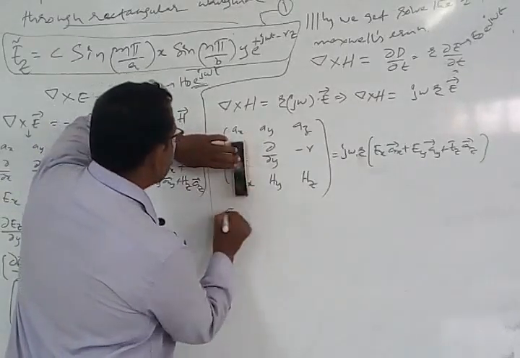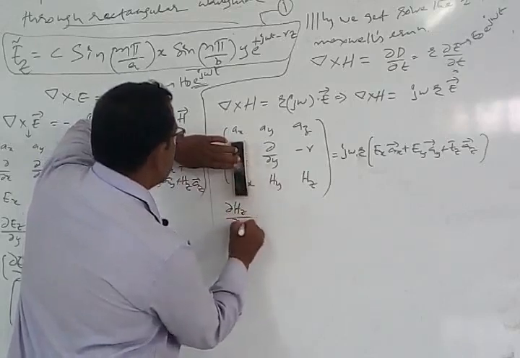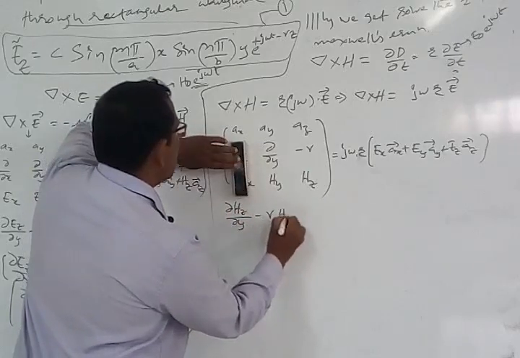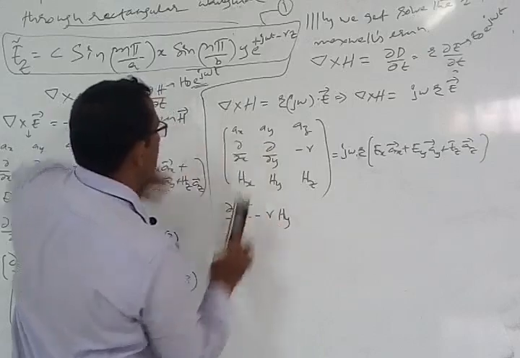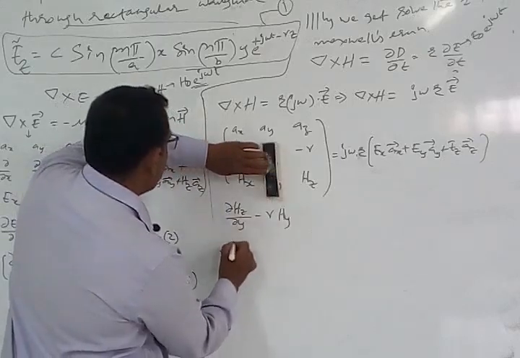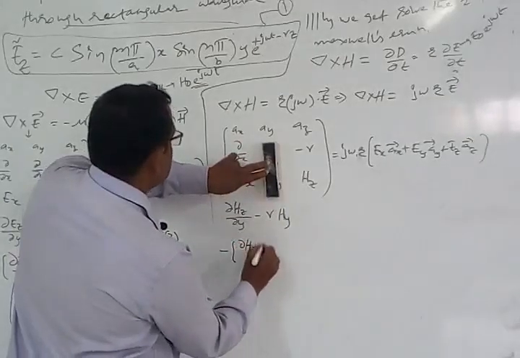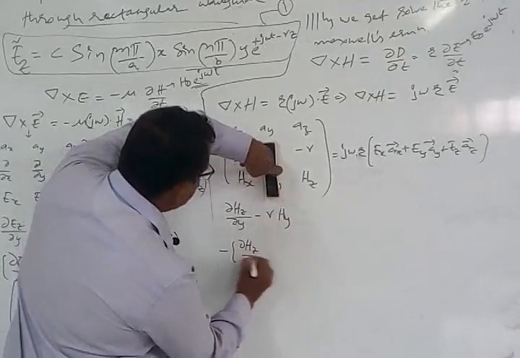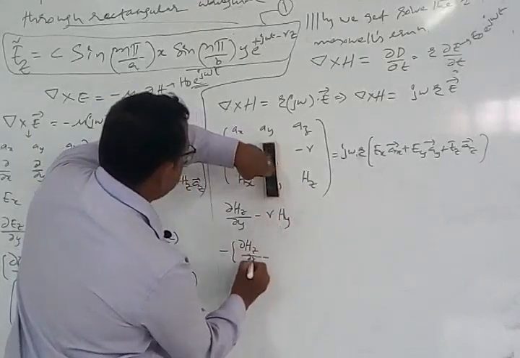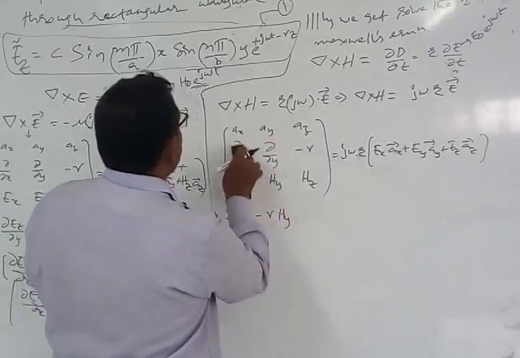Dou Hz by dou y minus gamma Hy. That is the one equation I get here. Then for this Ay component, I am going to have minus of dou Hz by dou x minus of, now here I have, what is this I have here?